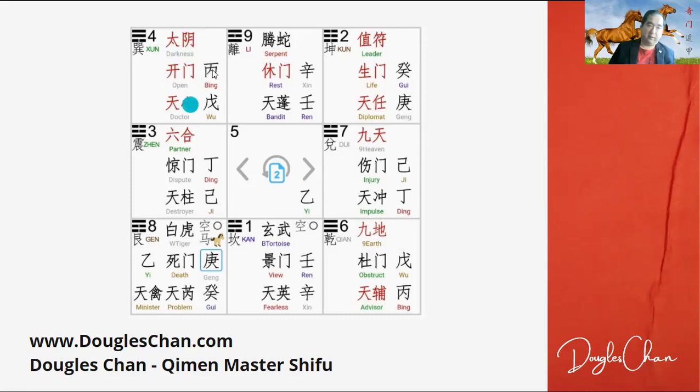So when you have all the symbols, the door, the heavenly god, and the stars, together with the person that symbolizes something, it gives you very direct information on the whole equation.